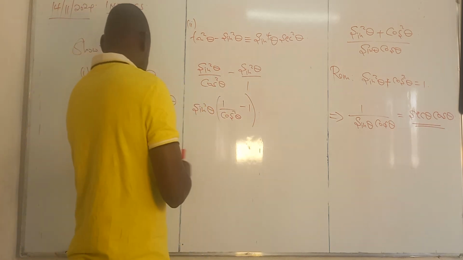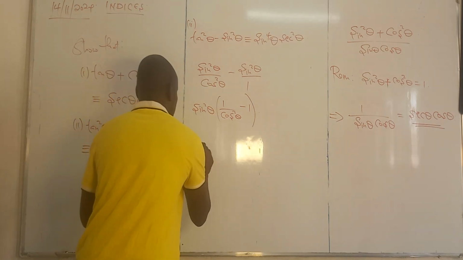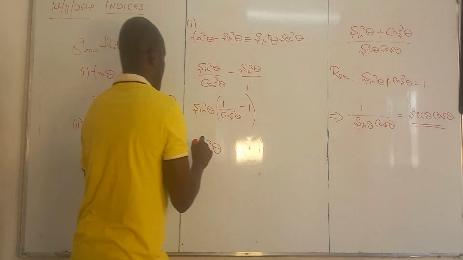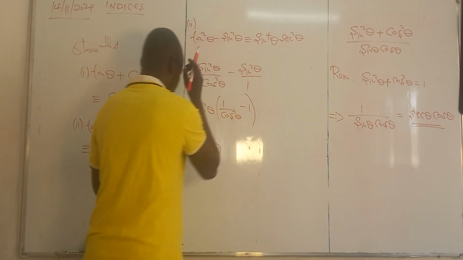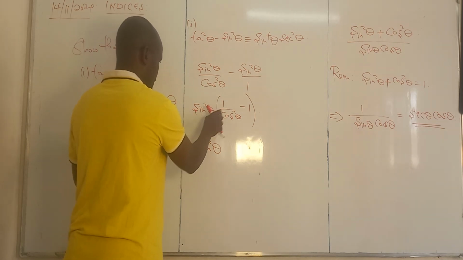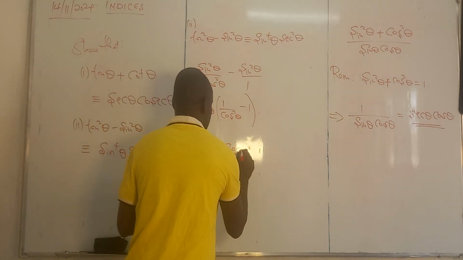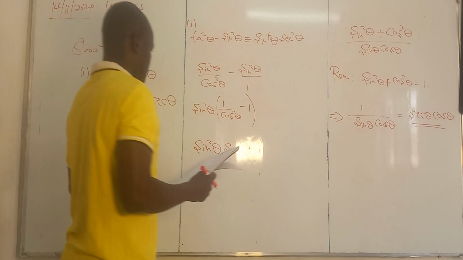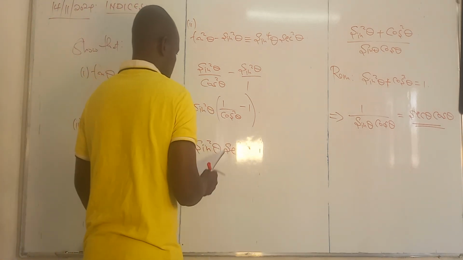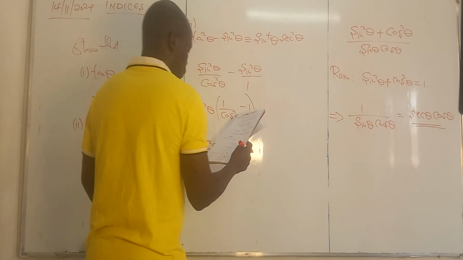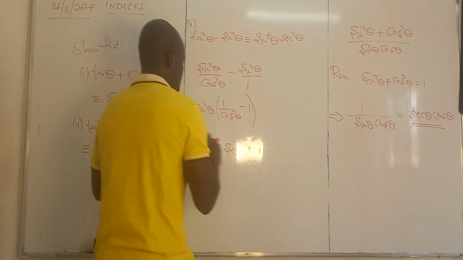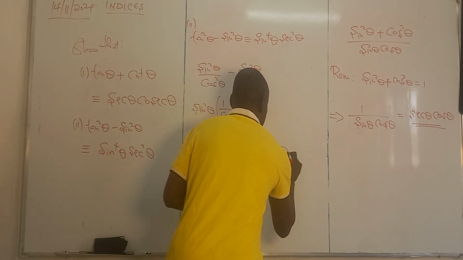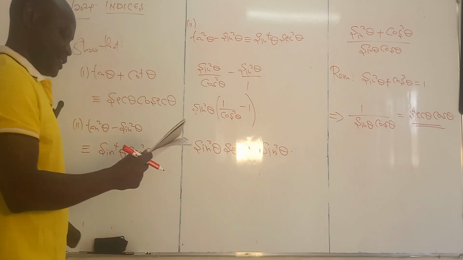So that allows us to write sin squared theta sec squared theta, and we have removed the bracket. So we say minus this times that, which is just minus sin squared theta.